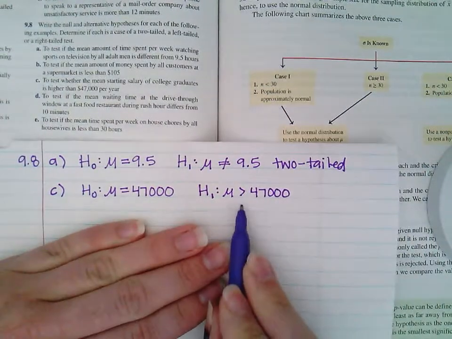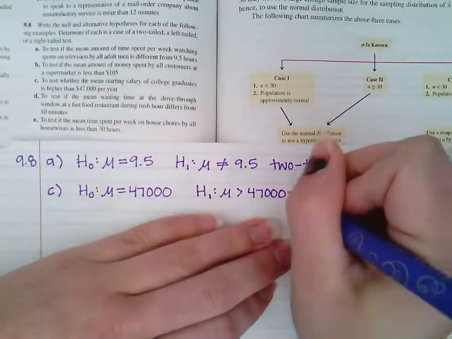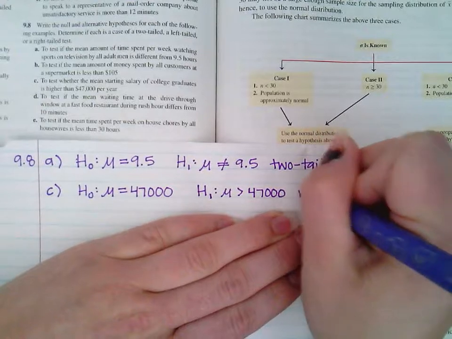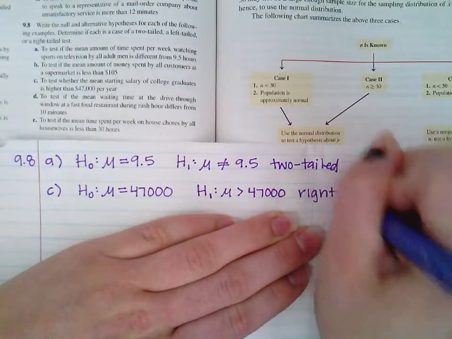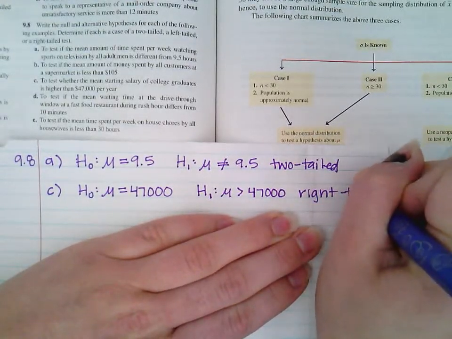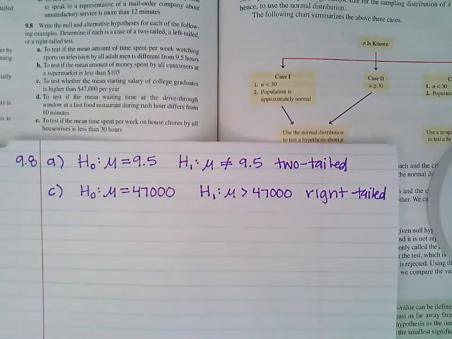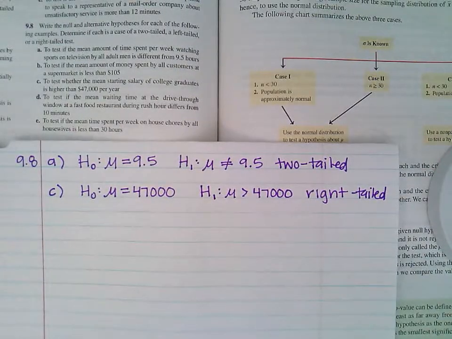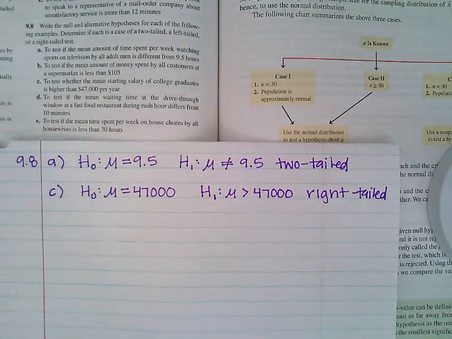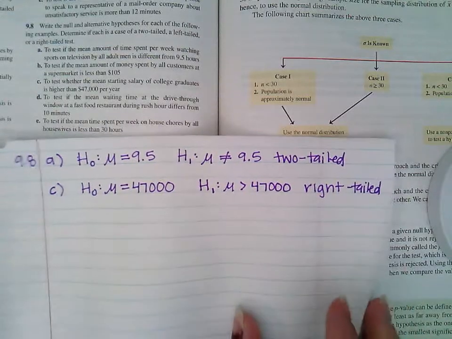In this case, I'm only testing the one side, so I'm going to have a one-sided test, and we're going to call it a right-tailed test, because I'm testing the right-hand side of the distribution. Hopefully that's helpful in setting up a lot of these hypotheses, which we're going to be doing throughout the video, but I want to make sure you had some basis here before we jump into some of the other sections and problems.